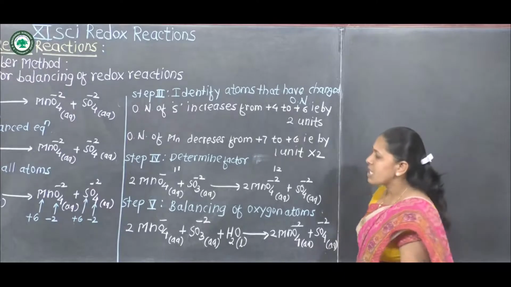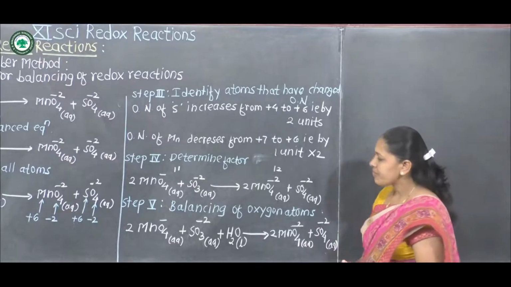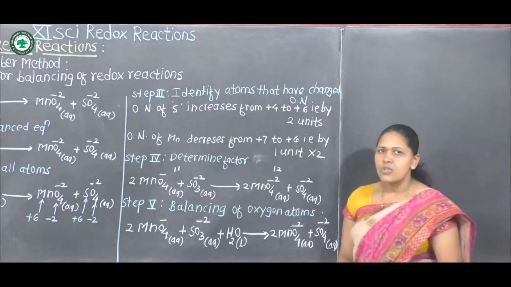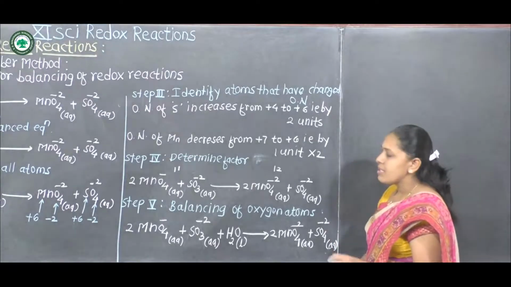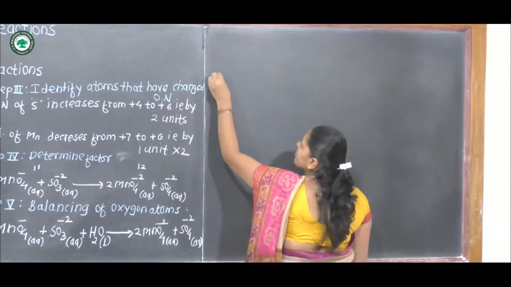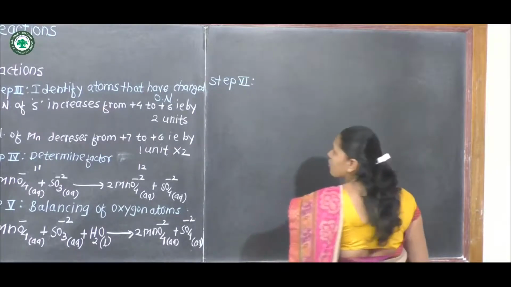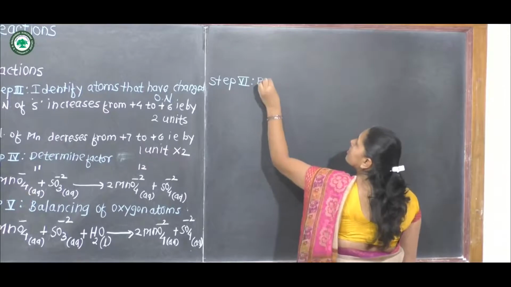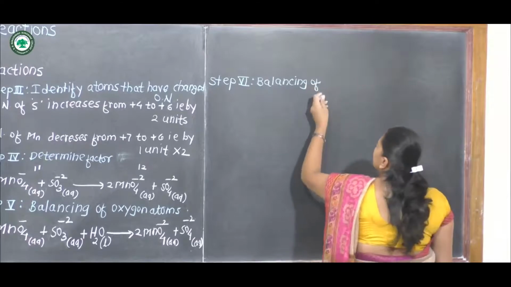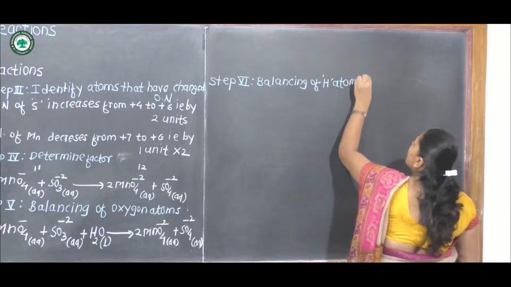Now, here, oxygen atoms are balanced. On the left hand side, there are 12 oxygen atoms, and on the right hand side there are also 12 oxygen atoms. Next step is step 6, balancing of hydrogen atoms.